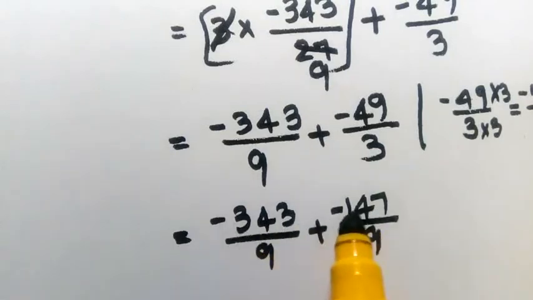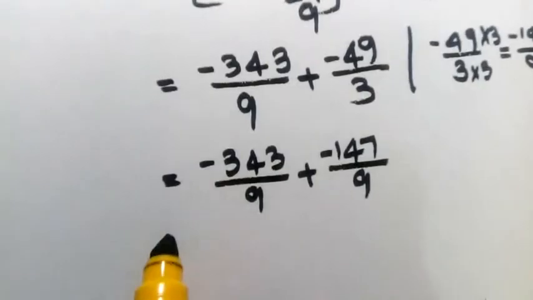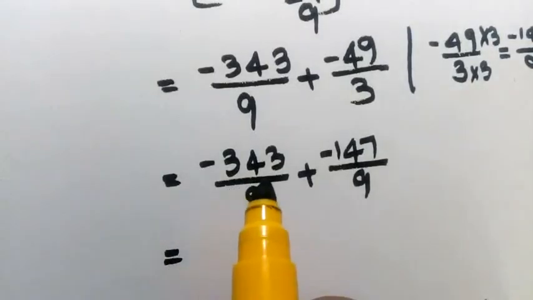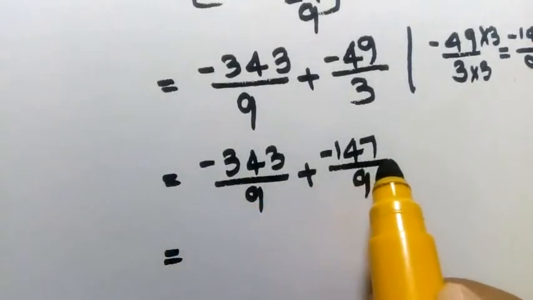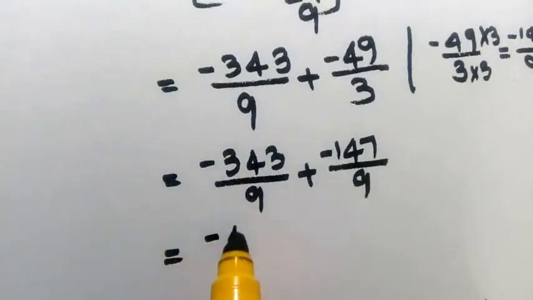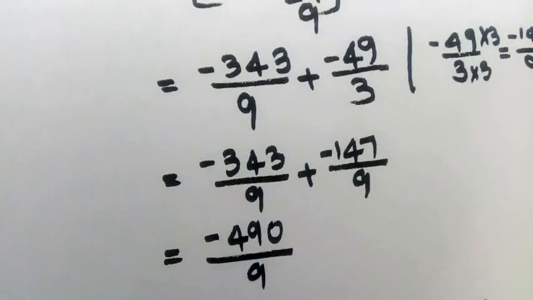So we need to add the numbers and put the minus sign. What is 343 plus 147? Yes, 490. So minus 343 plus minus 147 is minus 490 divided by 9.